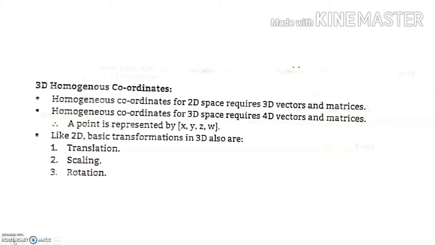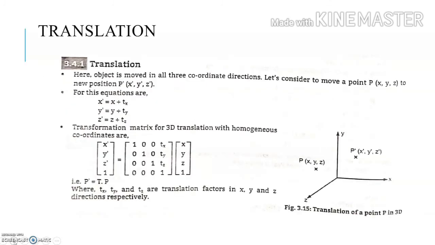In 2D we have studied the basic transformations: translation, scaling and rotation. The same thing we have to study in 3D transformation. First we will study translation. In a translation, an object is moved in all 3 coordinate directions. Let's consider moving a point P of x, y, z to a new position P dash, x dash, y dash, z dash.